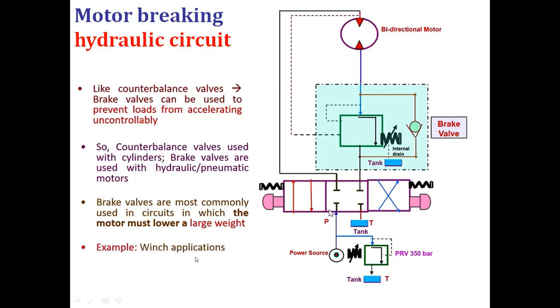See here, oil goes in this position, the first or left position, then the bidirectional motor works, but at the outlet of the oil, the brake valve is pressed and works as a counterbalance valve, and oil goes to tank in return position.